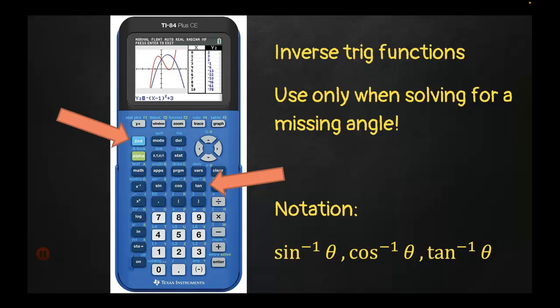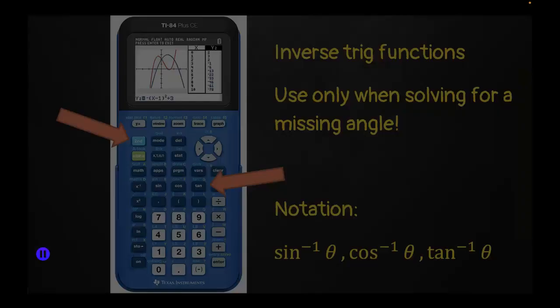To get the inverse, it's the same button, sine, cosine, or tangent, but right before that I press the second button. So second sine, or second cosine, or second tangent.